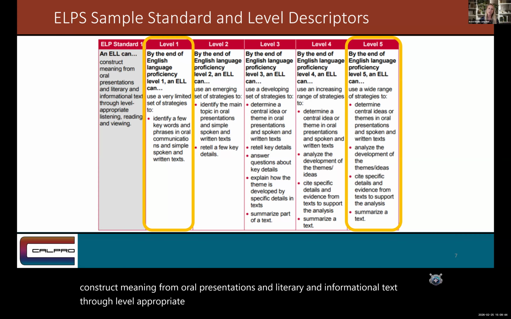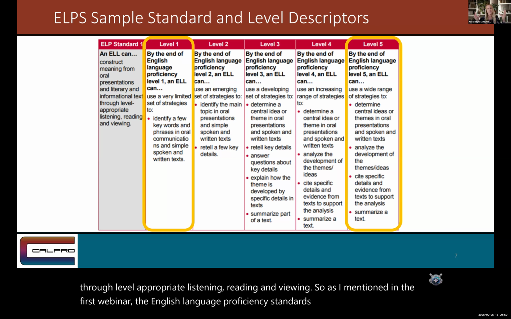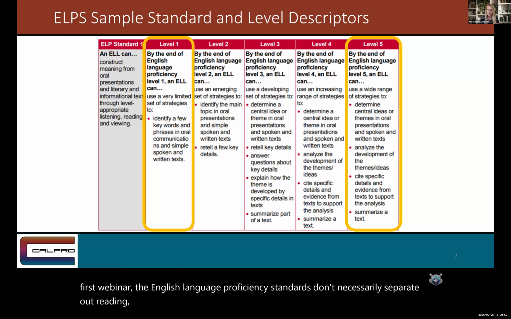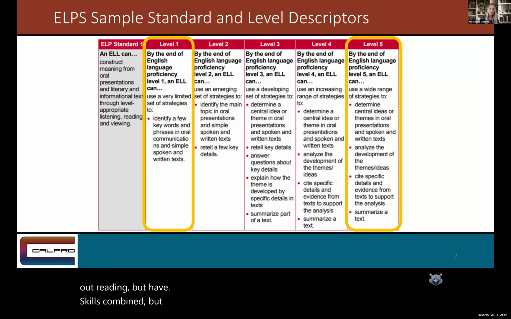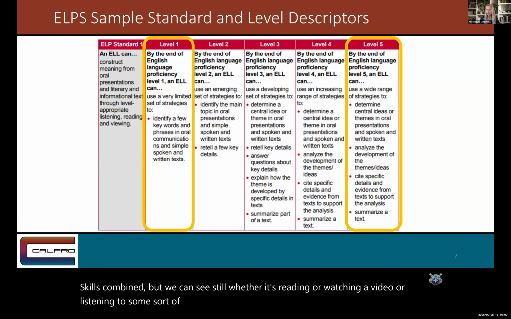So as I mentioned in the first webinar, the English language proficiency standards don't necessarily separate out reading, but have many skills combined. But we can see still, whether it's reading or watching a video or listening to some sort of lecture or broadcast or recording, students are similarly identifying key words and phrases at the lowest level.